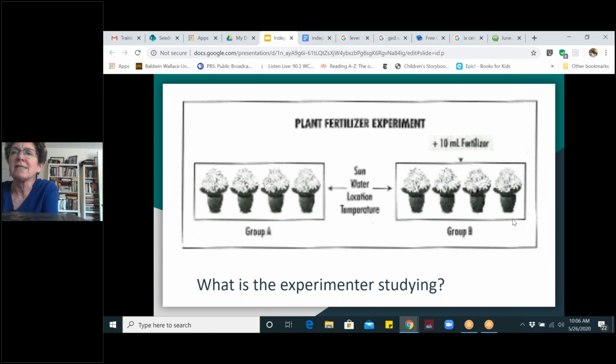In between, it says sun, water, location, and temperature with arrows pointing to both. Over top of group B, there's just an arrow pointing to group B that says plus 10 milliliters of fertilizer. So, what do we think the experimenter is studying?